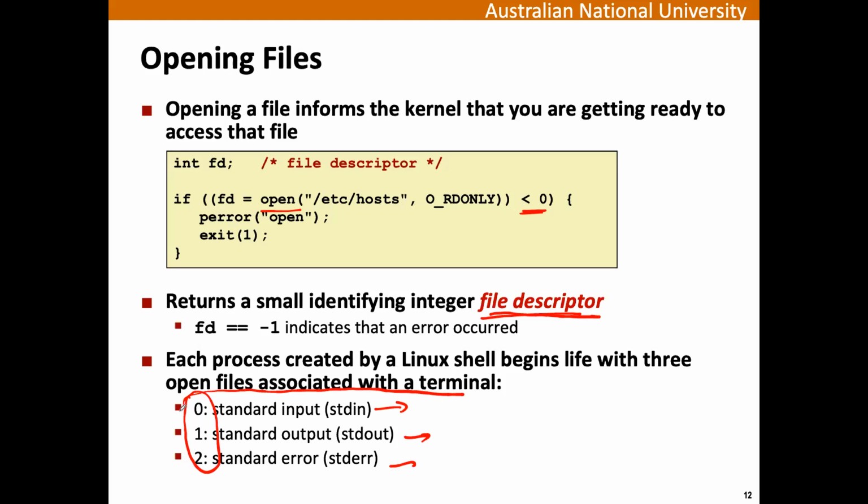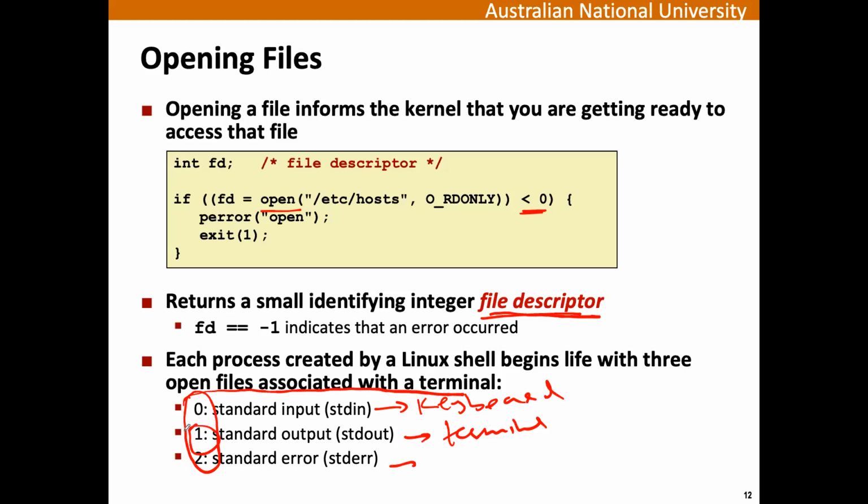Standard input is for providing input to the program, usually via the keyboard. Standard output is to write something, whatever the program outputs using printf or any other statement is printed to the terminal, and the terminal is represented as a file because everything in Linux is a file, and the descriptor of that file is the integer 1.